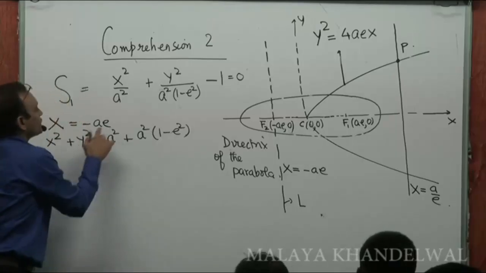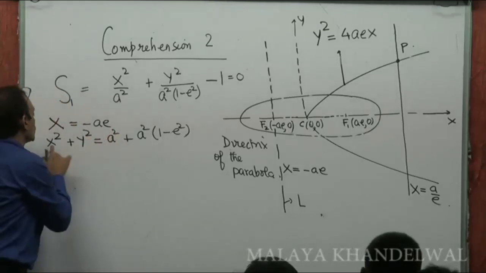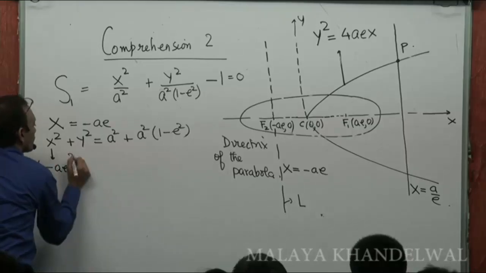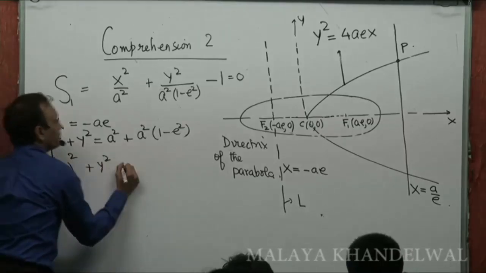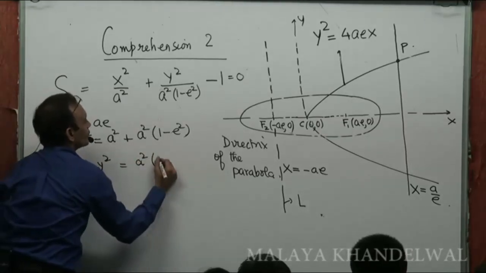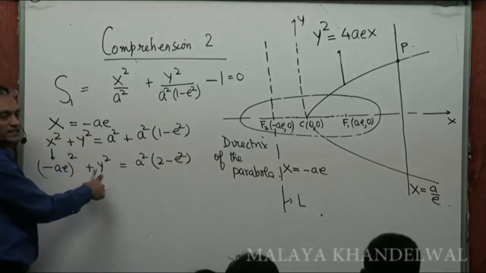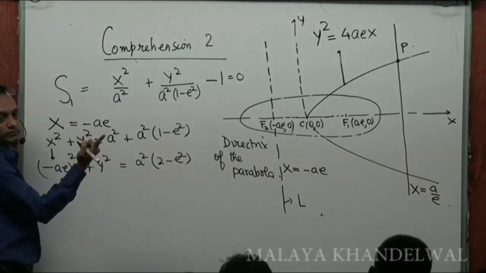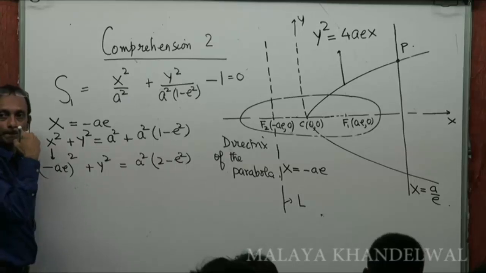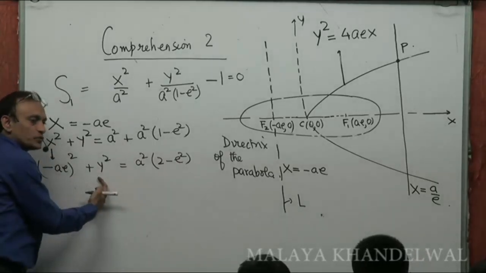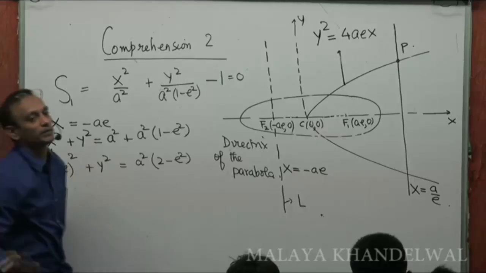So the x coordinate of that point will obviously be minus ae. So plug in x equal to minus ae and solve for y squared. Yes or no? The y obtained out of this will be the y coordinate of the required point.